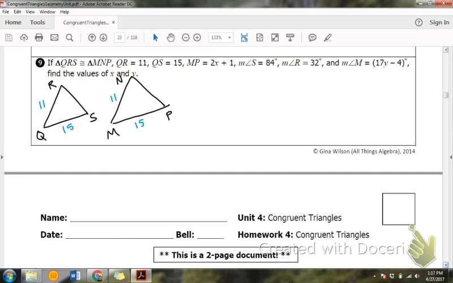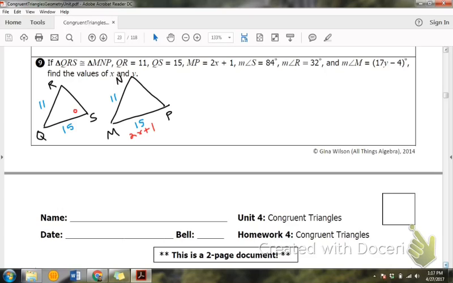Then it tells me MP is also 2x plus 1. You guys see that? They're telling you to label MP as 2x plus 1. Well, we just set ourselves up for success there because we know that 2x plus 1 has to equal 15, right? So that's going to be easy to solve for x. Then it says measure of angle S is 84.